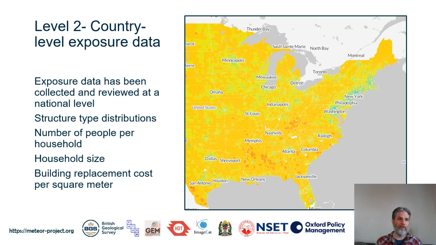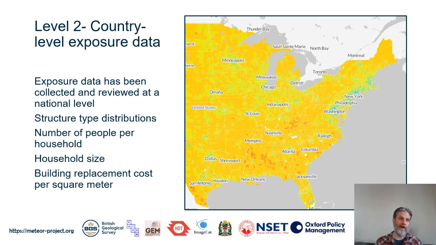The number of people per household in a level 2 would hopefully come from census data, and if not, the assumptions that are made at the nationwide level can really cause a lot of error. Again, also household size, that's a tougher one, not typically inventoried by census, but in countries where it is, that can be used and makes the data quite a bit more accurate.